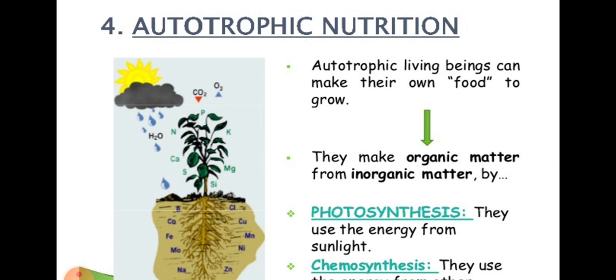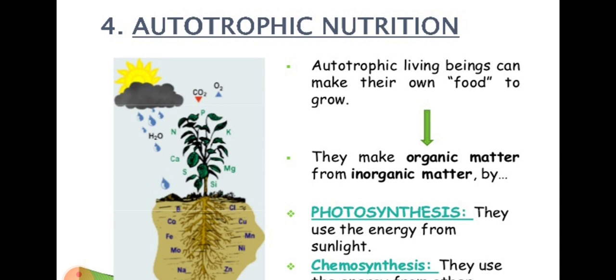And green plants have, so you can say green plants have autotrophic mode of nutrition. For example, wheat plants are autotrophs. Autotrophs contain a green pigment called chlorophyll, which helps them to make food by absorbing energy from sunlight.